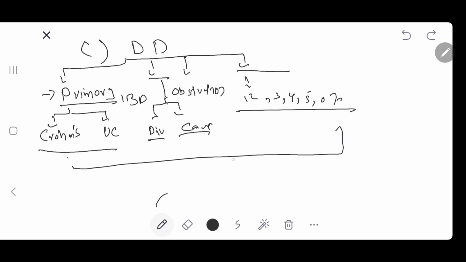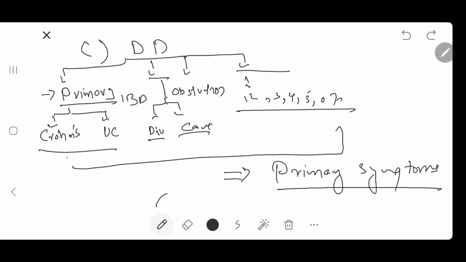In all these differential letters, we may write the primary symptoms in the introduction, although we have to mention the DDs in the conclusion. But if you are not willing to write the DDs in the introduction, it's totally fine. Is it clear to you?